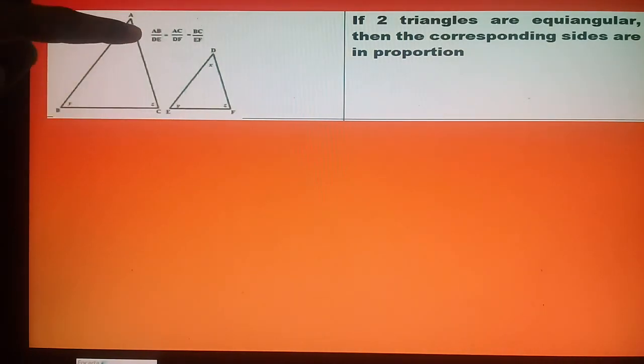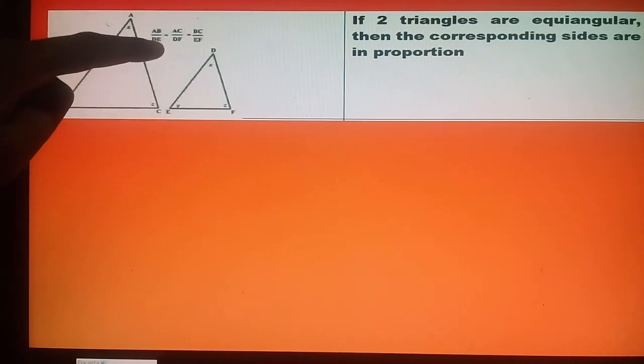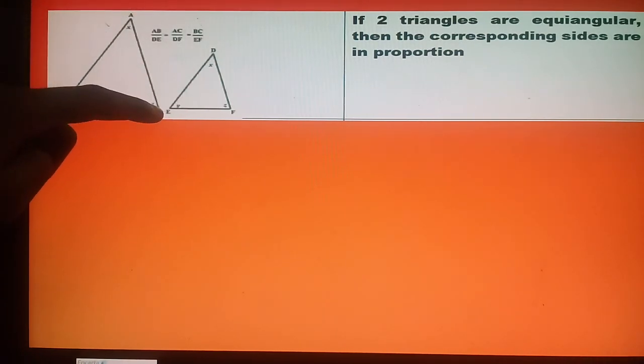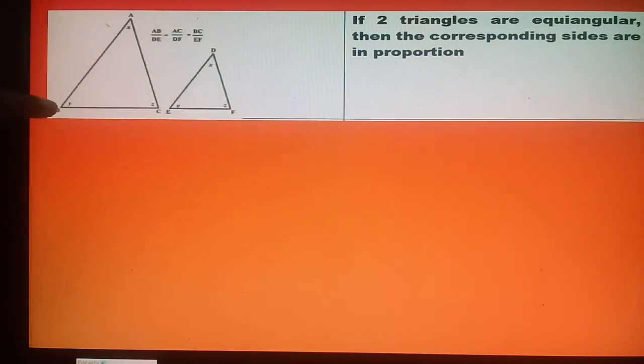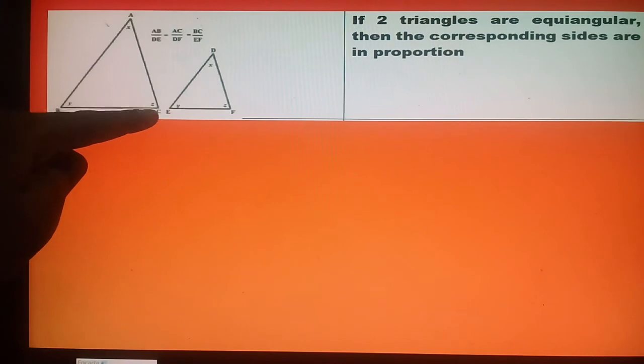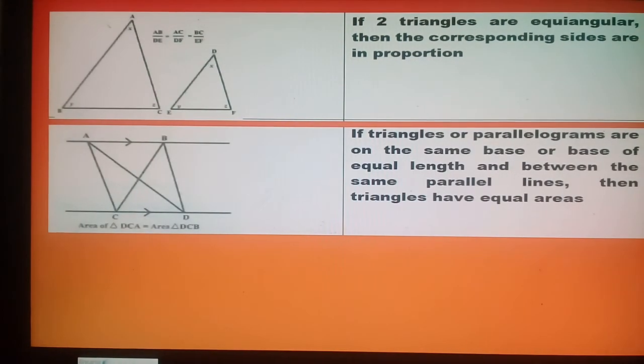I can take AB divided by DE equals AC divided by DF, or BC divided by what? These sides are in proportion. Another one now: if triangles or parallelograms are on the same base or bases of equal length and between the same parallel lines, then the triangles have equal areas.